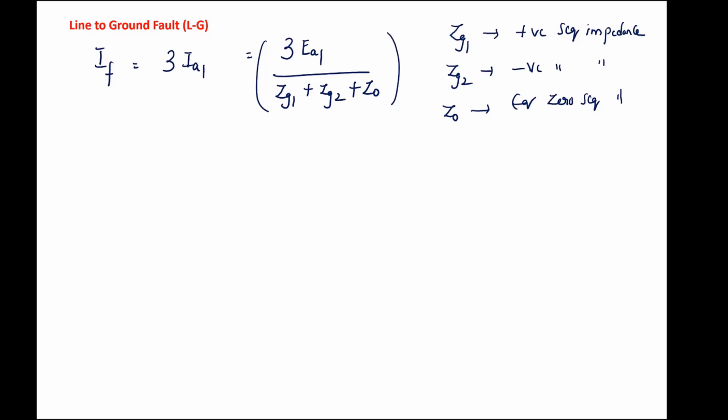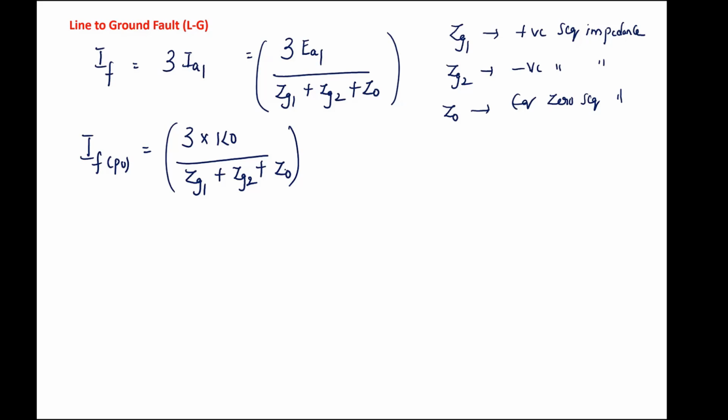Now, if all the values are given in per unit, we can write IF per unit will become, since any voltage per unit value is 1 at an angle 0, 1 angle 0 divided by ZG1 per unit plus ZG2 per unit plus Z0 per unit. So this is the fault current in per unit.